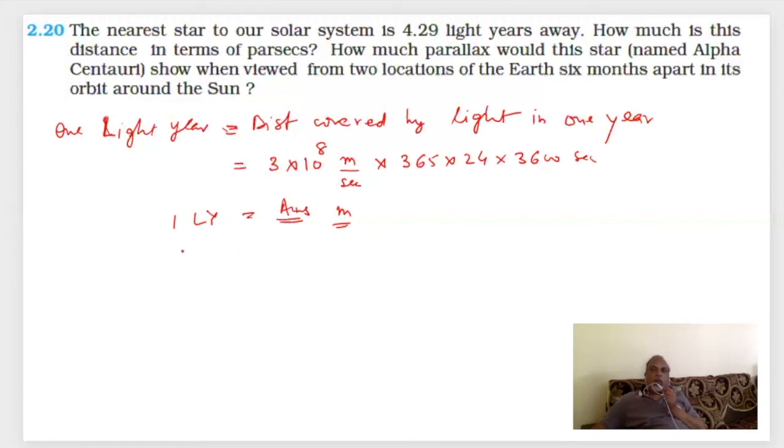Now, 1 parsec is basically 3.08 into 10 raised to 16 meter.